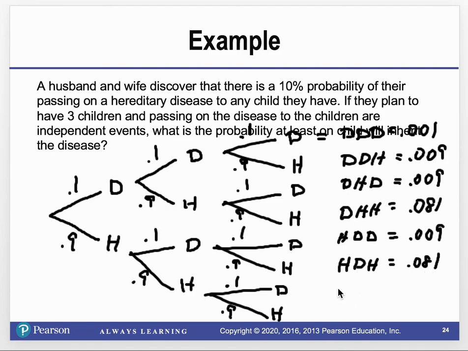And then healthy, healthy, has the disease, 0.081. And then there is a chance that they're all three healthy. So 0.9, 0.9, 0.9, 0.729.